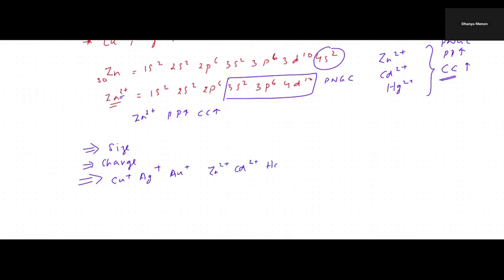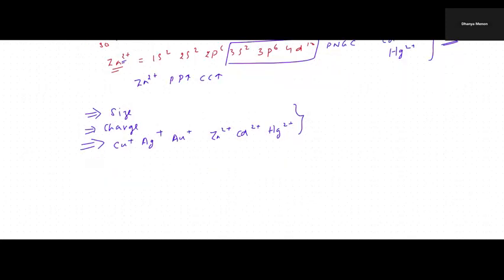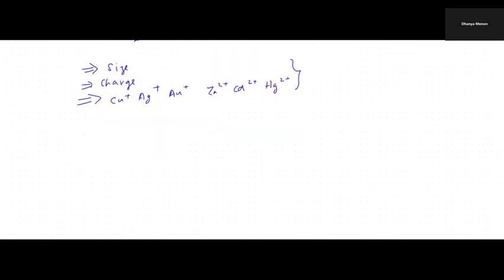So check the size, charge, and these 6 elements cause more polarizing power. Okay, so this was for the cation. These 6 ions you can just memorize and keep, so it becomes easy. You don't have to write down all the configuration all over again. So just memorize these ions: copper ion, silver ion, gold ion, zinc ion, cadmium ion, and mercury ion. Okay, so this was the polarizing power of the cation.